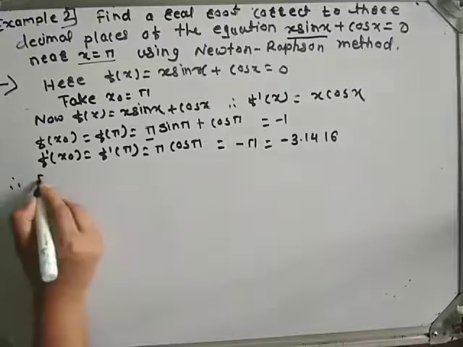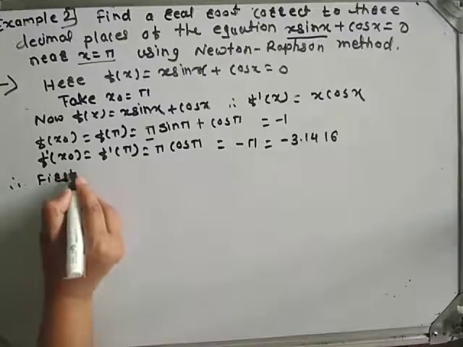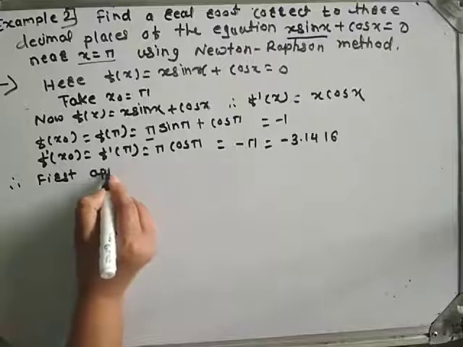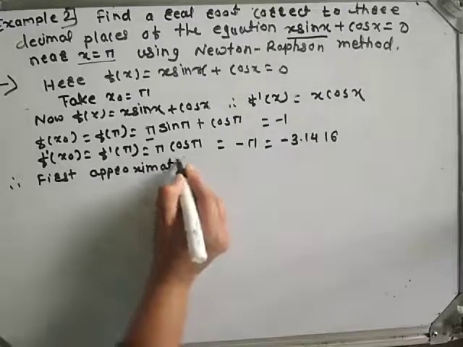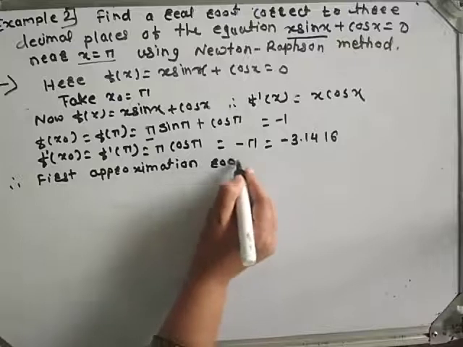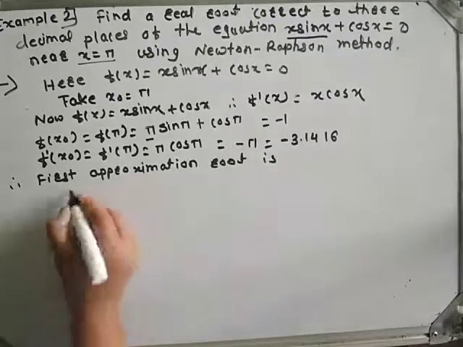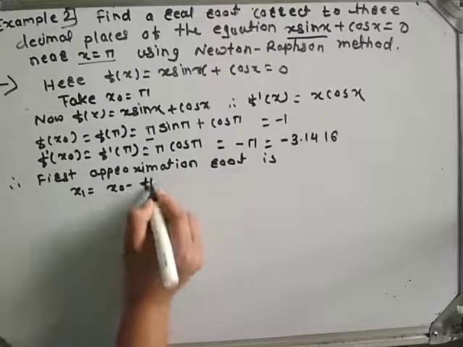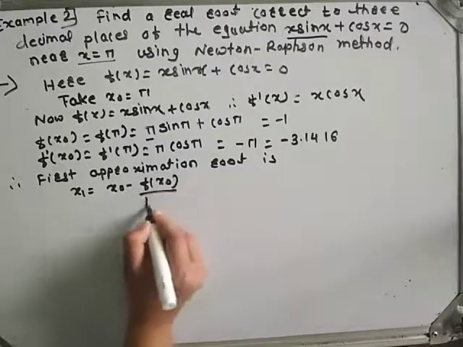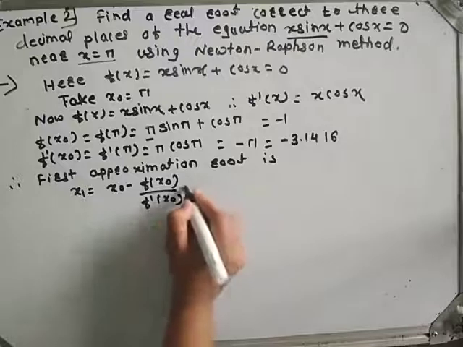Therefore, first approximation root is x1 is equals to x0 minus f of x0 upon f dash of x0.